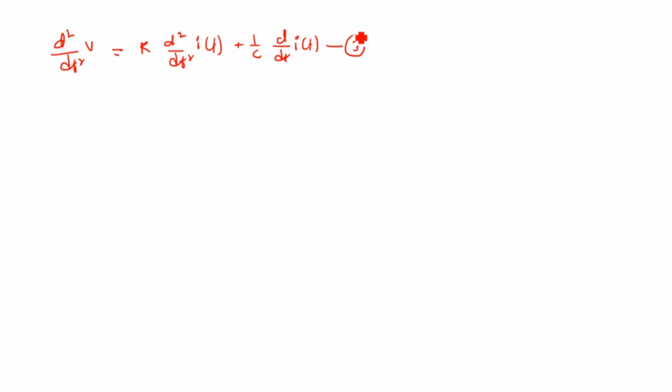Call this equation number 3. Again, double differentiation of a constant is 0.